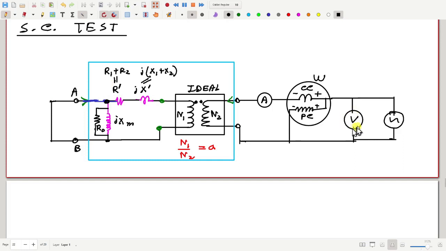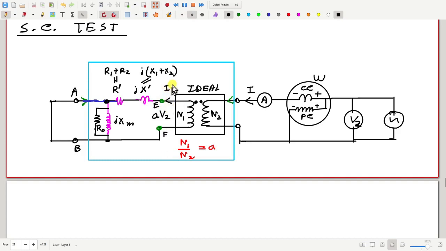Now, if this voltage is, let me call this V2 say, then how much is the voltage between E and F? That will be AV2. And if the current here is I, in which direction I don't know because the meter only gives us the RMS value, so the RMS value of this current is I. Then how much is the current here?